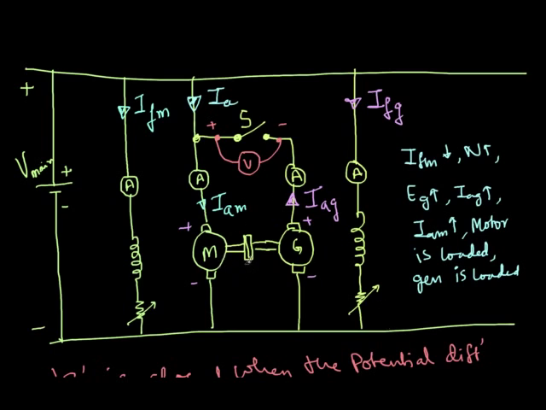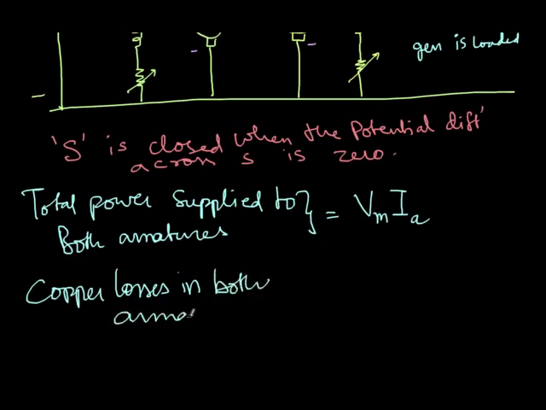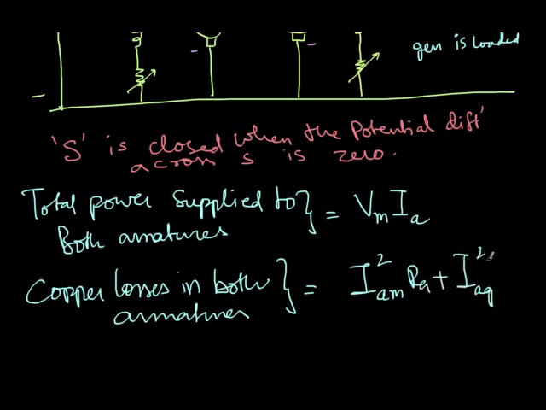So the total power is being supplied to the copper losses in both windings and the rotational losses in both machines. So copper losses in both armatures is nothing but IA motor square RA plus IA generator square RA.